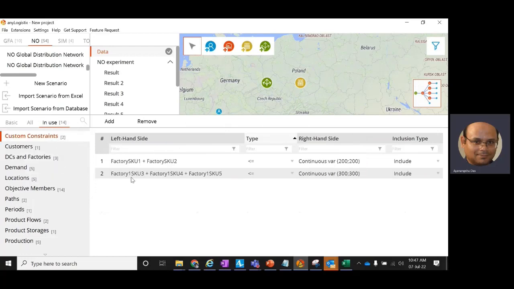And in custom constraints, we said that the optimizer should return a production allocation that limits the output, so that whatever combination of SKU 3, 4, and 5 it suggests to manufacture should be less than or equal to 300. So even if the demand is 400, it should be less than or equal to 300.